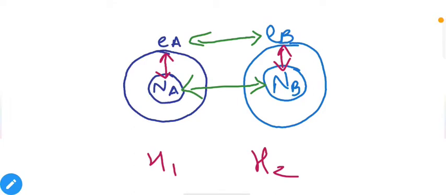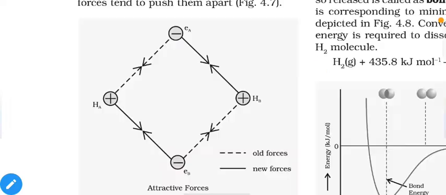New attraction arises between the nucleus of the first and the electron of the second, and the electron of the first and the nucleus of the second atom. So the red line represents old attractions, the yellow line represents new attractions, and the green line represents new repulsion.